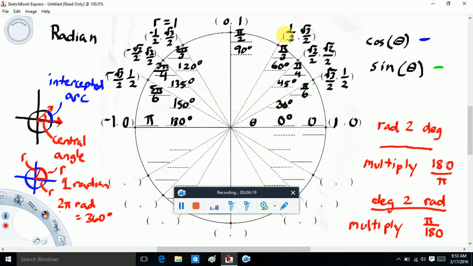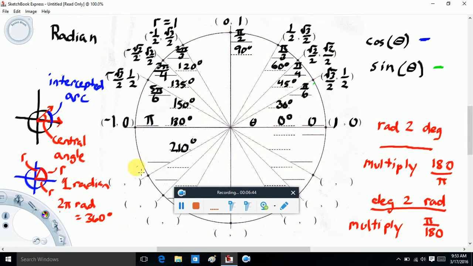Okay, so let's convert a few of these. This one right here is going to be 30 plus 180, which is 210. We want to convert that from degrees to radians, so I multiply by pi over 180.